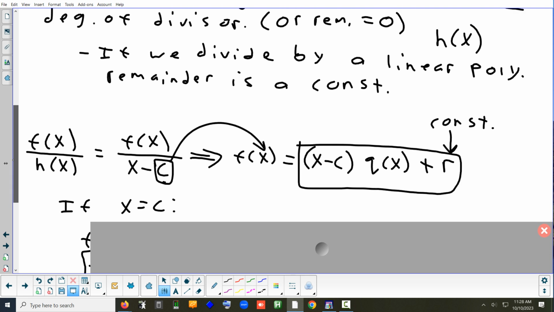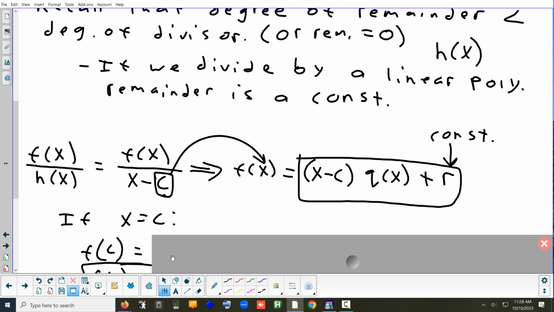So what would f of c equal? What would come right after the equal sign if you plug in c? You don't have to simplify it, just literally change the x's to c's. Yeah? It would just be equal to the r because it would change. Yeah, tell me about this. It would make that little bit of it equal to 0, which is undefined, so you couldn't do that to begin with. Well, it would be 0. It wouldn't be undefined.